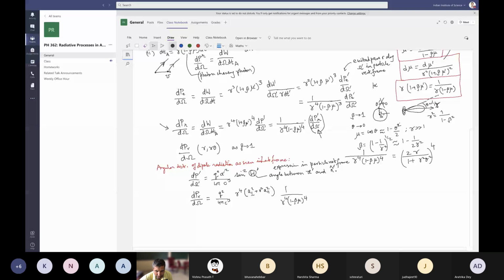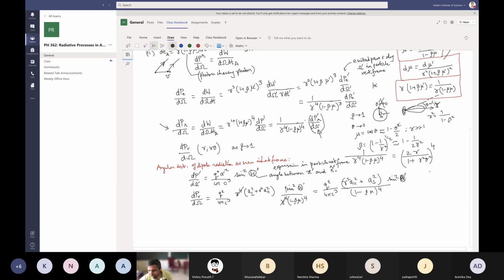So there is this sine squared theta prime. Okay, so this gamma to the 4 goes away. So what do we have? We have q squared by 4 pi c cubed, gamma squared a parallel squared plus a perp squared, by 1 minus beta mu to the 4, sine squared capital theta prime.